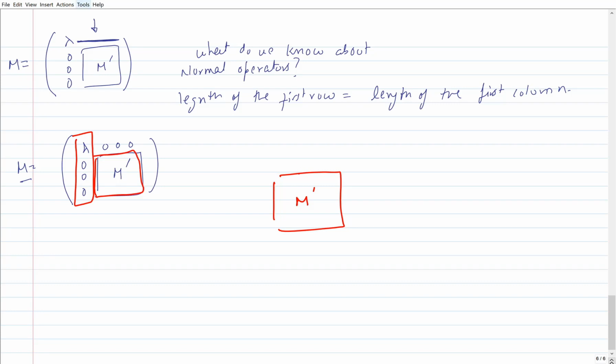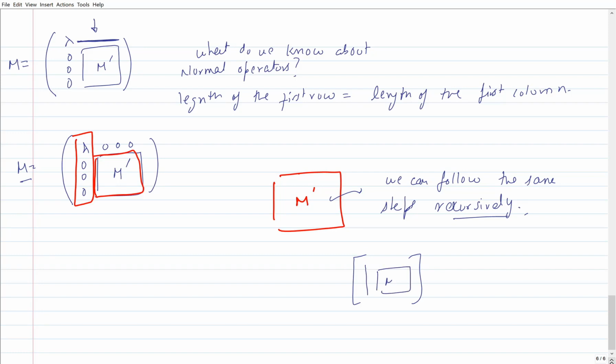And now our attention is going to be on M prime, but notice we can repeat the same process. We can follow what we did for M, the same steps, recursively. And once again we'll break down M prime into something over here and M double prime, and that way we'll prove that a normal operator implies that I'll have these eigenvalues and eigenvectors.